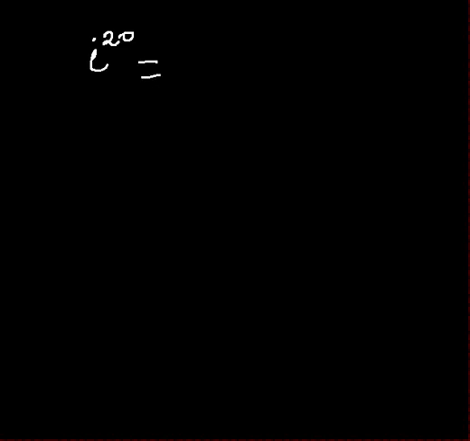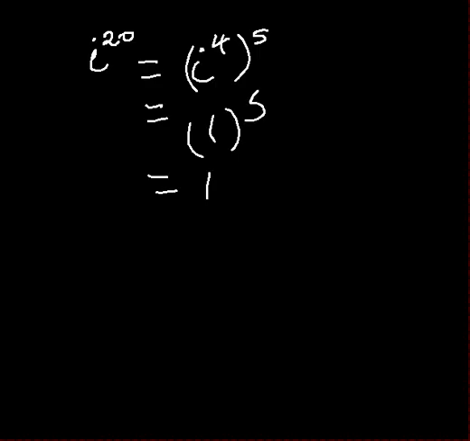For this case, we should have it as i to the power 4 and times the power 5. i to the power 4 is the same as +1, because i to the power 4 is the same as i to the power 2 over the power 2, which is -1 to the power 2, that is +1. So in all cases, i to the power 4 is +1, and therefore we should have it as 1 to the power 5, which is the same as 1.